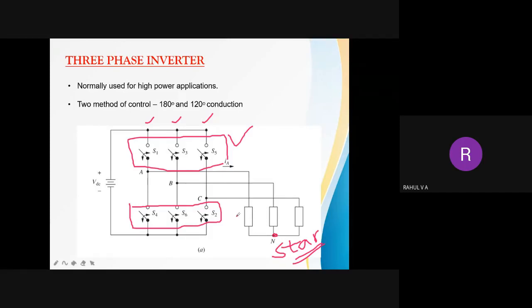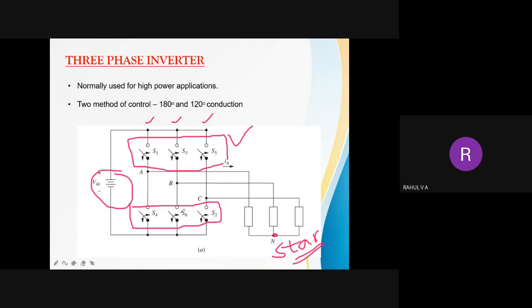This was clear, I think. One more time, we have a DC source, and there are 6 switches, 3 in the upper arm and 3 in the lower arm. The switches in the upper arm are numbered S1, S3, S5, and the switches in the lower arm are numbered S4, S6, and S2.